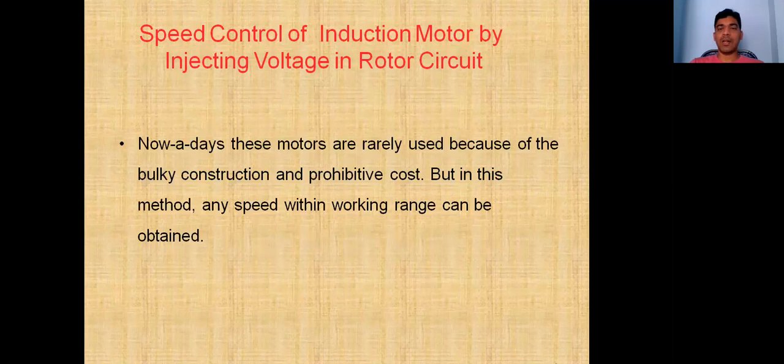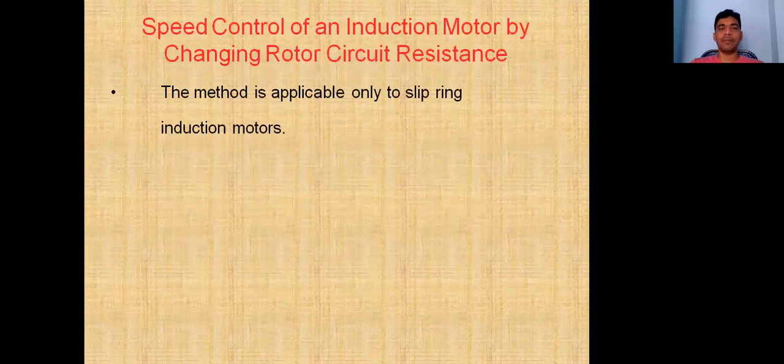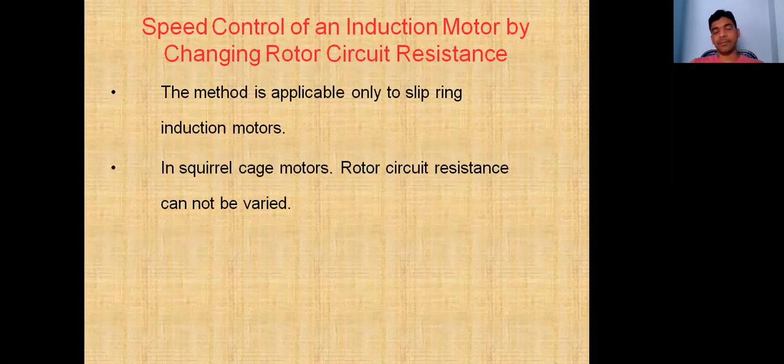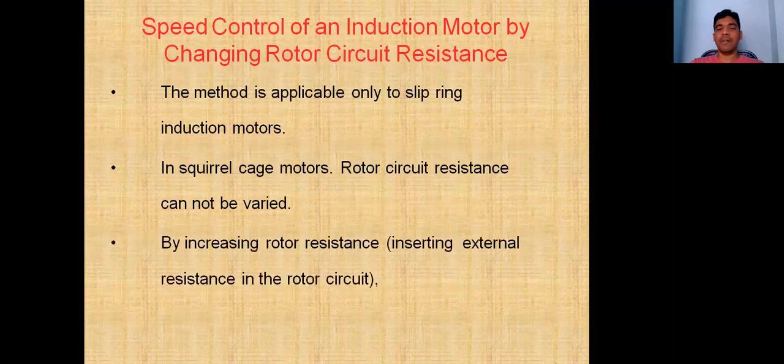Nowadays, these motors are rarely used because of the bulky construction and prohibitive cost. But in this method, any speed within working range can be obtained. The method is applicable only to slip-ring induction motors, not squirrel cage motors, as the rotor circuit resistance can't be varied.